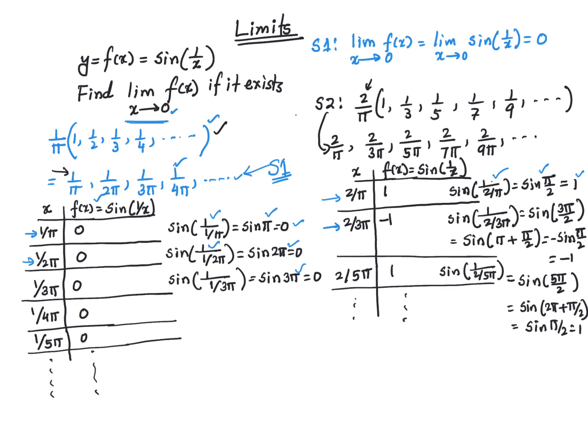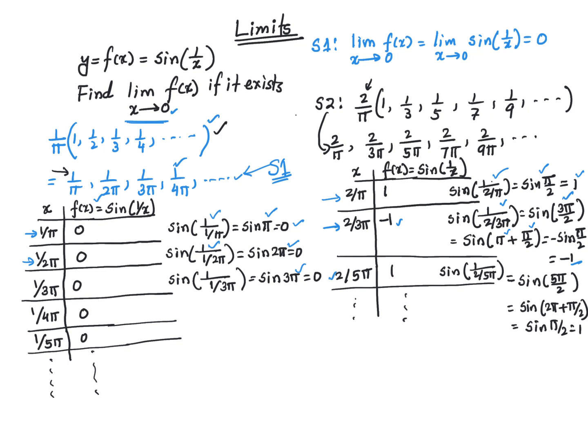You get sine of 1 divided by 2 over 3 pi, that is sine of 3 pi over 2. If I simplify 3 pi over 2, I could write it as pi plus pi over 2. So that's going to put you in the third quadrant, right? So sine is negative. There, so it's going to be negative sine of pi over 2, which is negative 1, which is what I have.